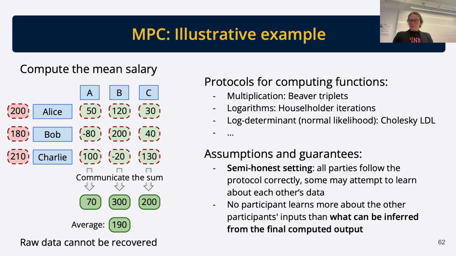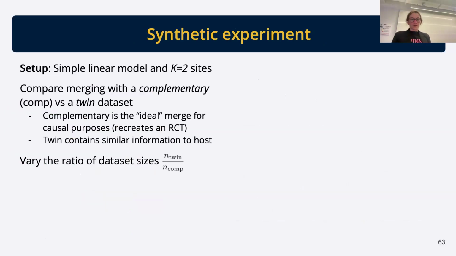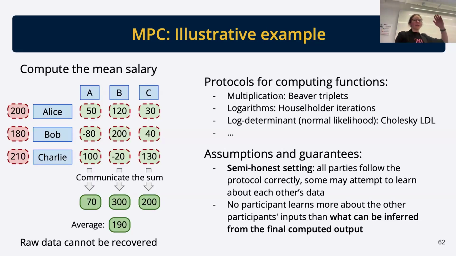So this is MPC, very briefly. As I mentioned, we can follow various protocols for all of the operations involved in the computation of our expected information gain. And again, these things are established, right? We haven't introduced a new protocol or anything. The one thing that we had to think about is the computation of the log determinant, right?